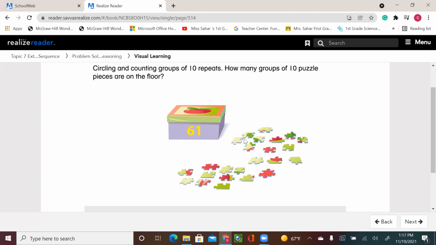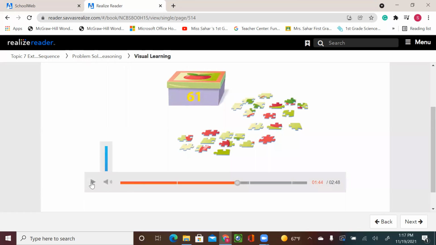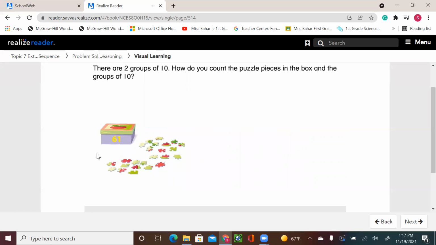So we have 1, 2, 3, 4, 5, 6, 7, 8, 9, 10. So that's a group of 10. And then 1, 2, 3, 4, 5, 6, 7, 8, 9, 10. That's another group of 10. And then 1, 2, 3, 4, 4 singles or 4 ones that didn't make a group of 10. There are 2 groups of 10.